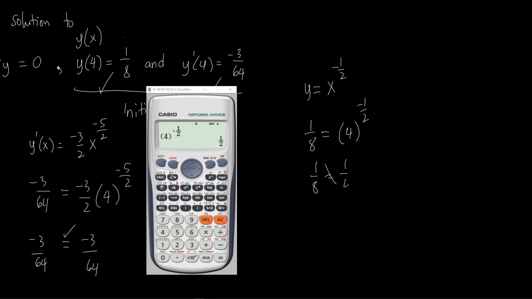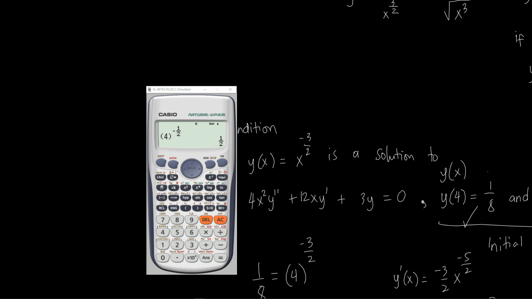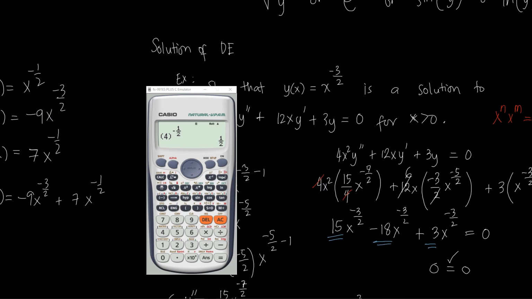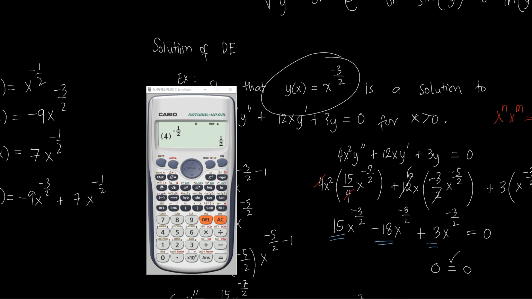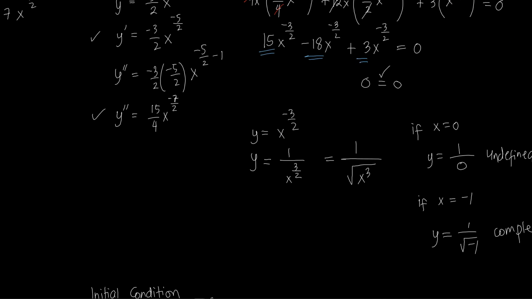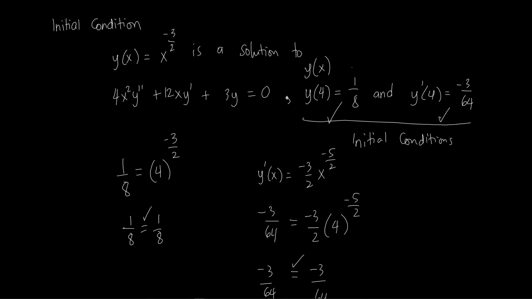Meaning, class, hindi ito yung hinahanap natin na solution. Hindi din ito, tsaka hindi din ito. Yung hinahanap natin na solution is ito talaga, yung x raised to the power of negative 3, kasi yun lang yung nagpa-satisfy sa ating initial conditions.